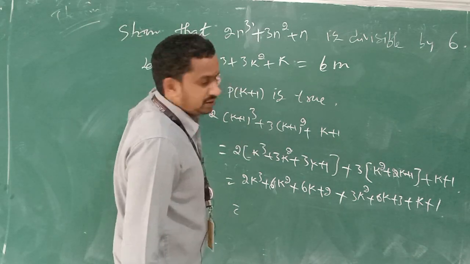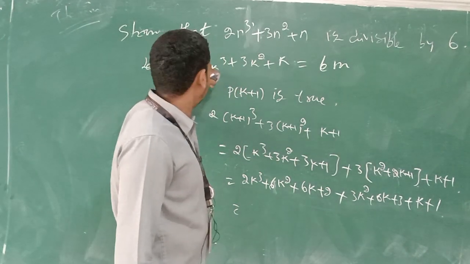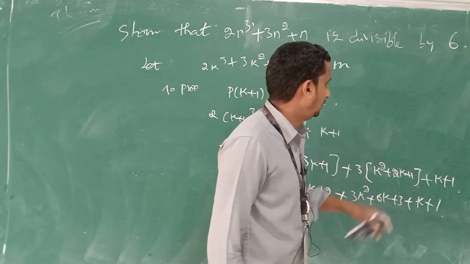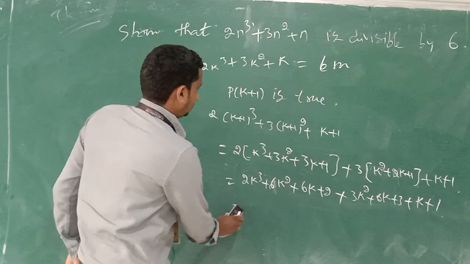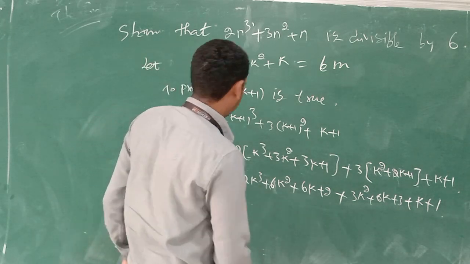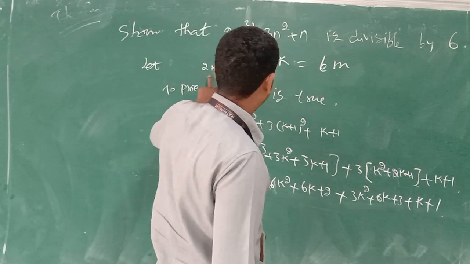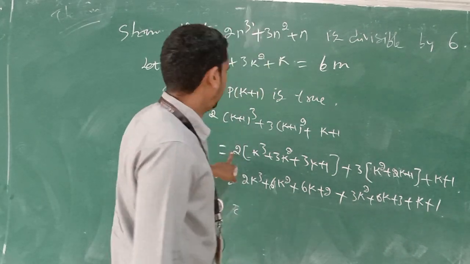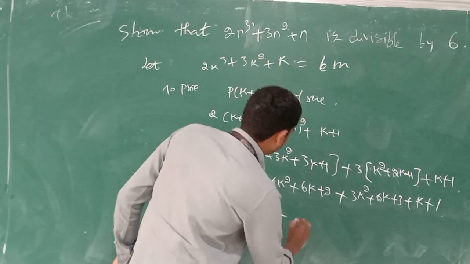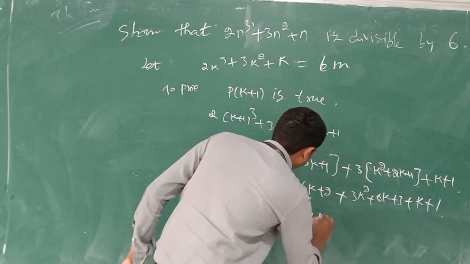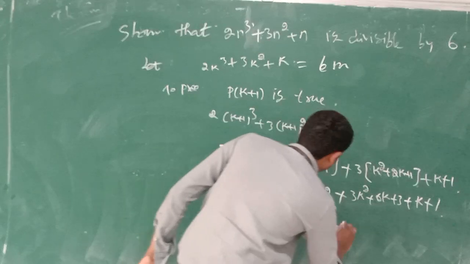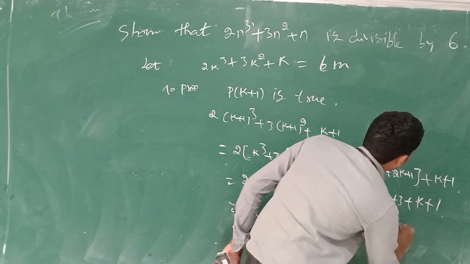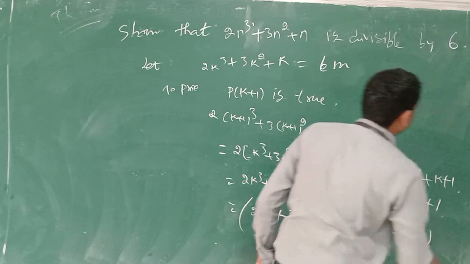Now applying the assumption, let us assume 2k cube plus 3k square plus k equals 6m. Applying that value, 6m, the remaining terms we write as 6 into (2k square plus 2k plus 1).